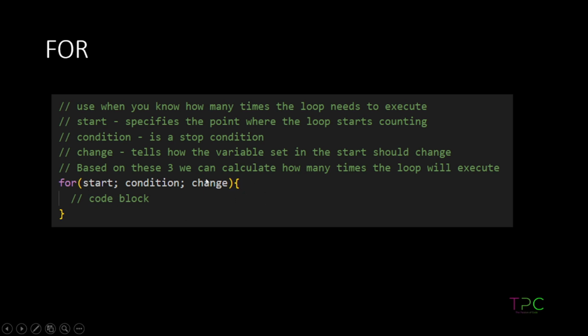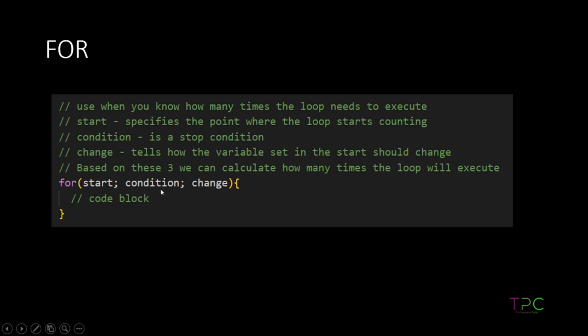And as arguments, we need to provide three stages. First one, start. We need to provide a certain point. This is actually a variable, and we are telling here where we start counting, right? So it could be a certain value like 0, 1, or 5 or 100 or whatever.